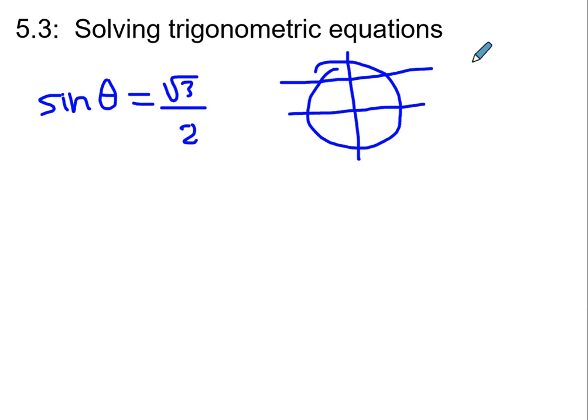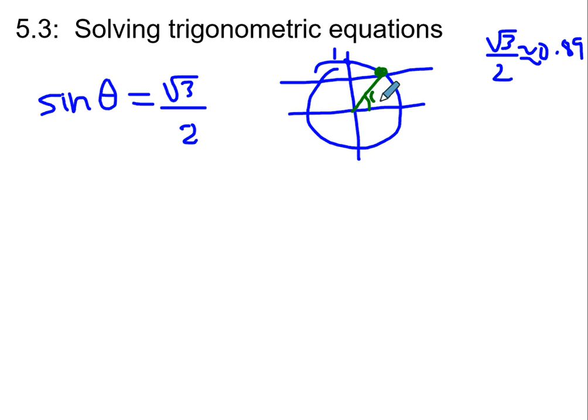If you don't remember the value, on your calculator, if you do square root of 3 over 2, you get about 0.89 or something like that. Remember that on the top here, it's 1. So that's about where you should be. So the two angles that you have, there's one here.